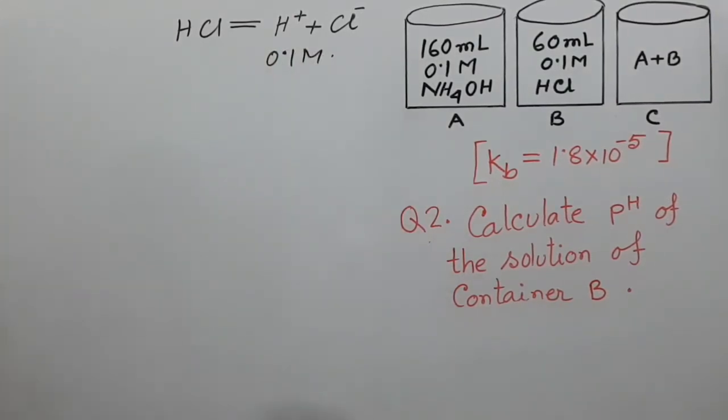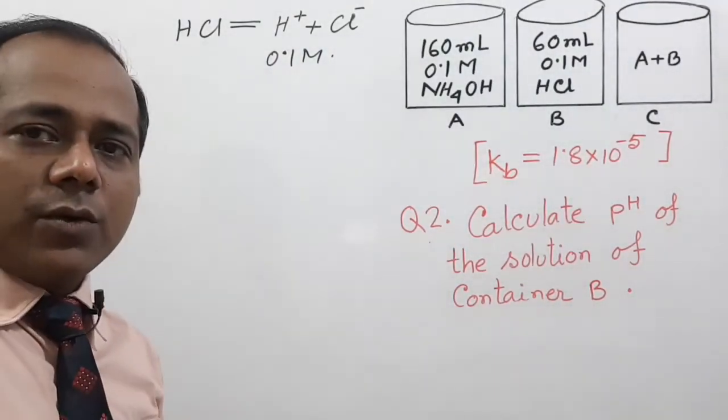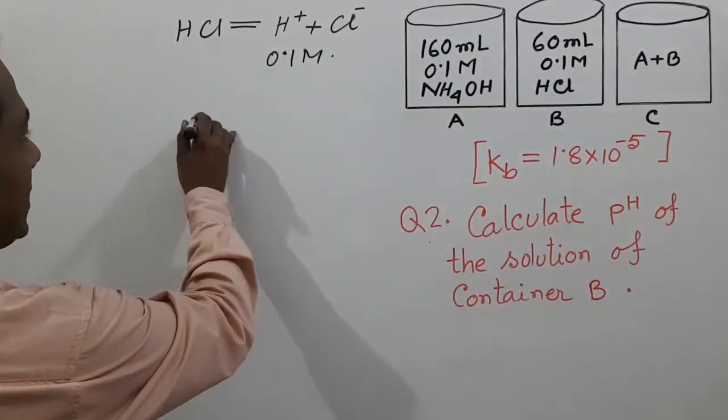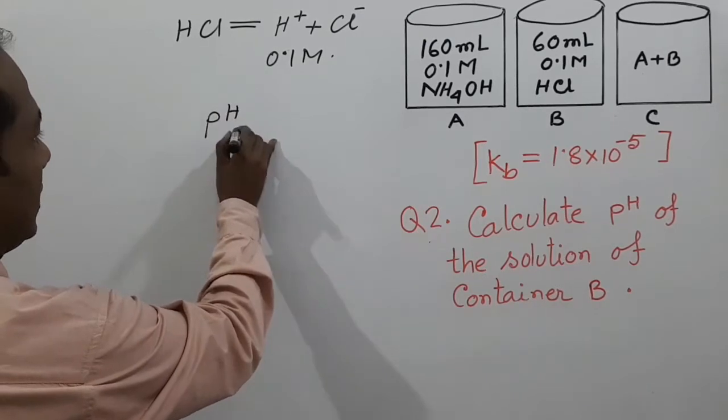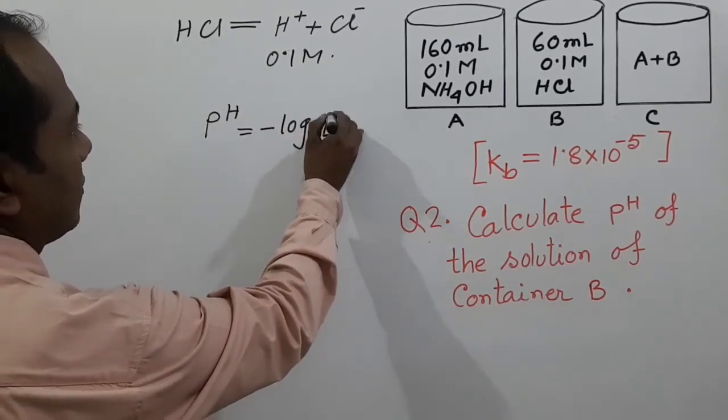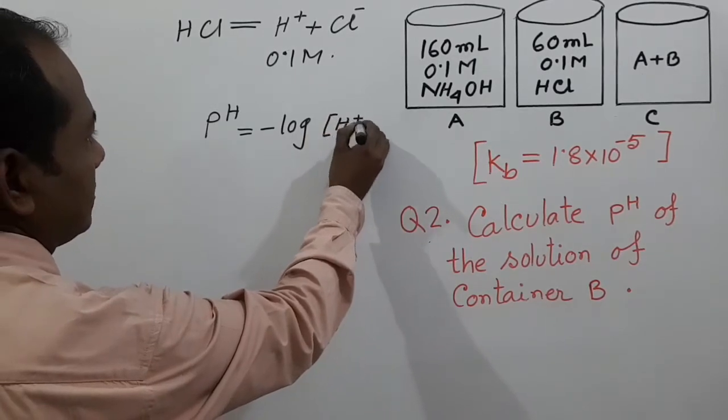And we know that for a strong acid, pH equals minus log of the molar concentration of hydrogen ion.